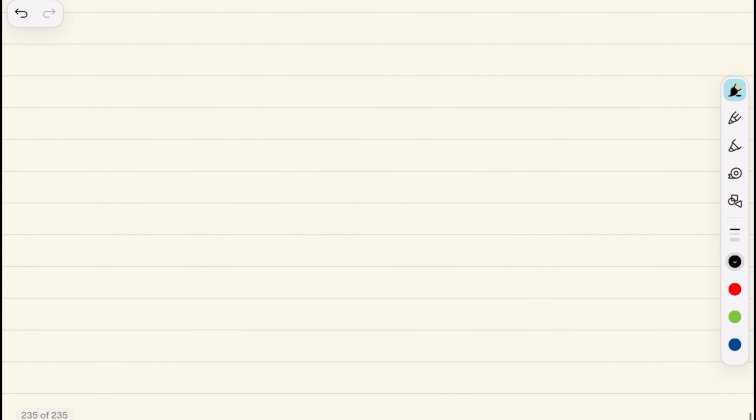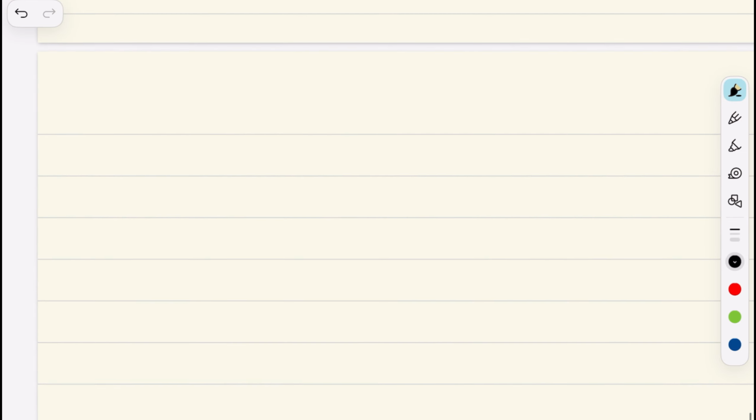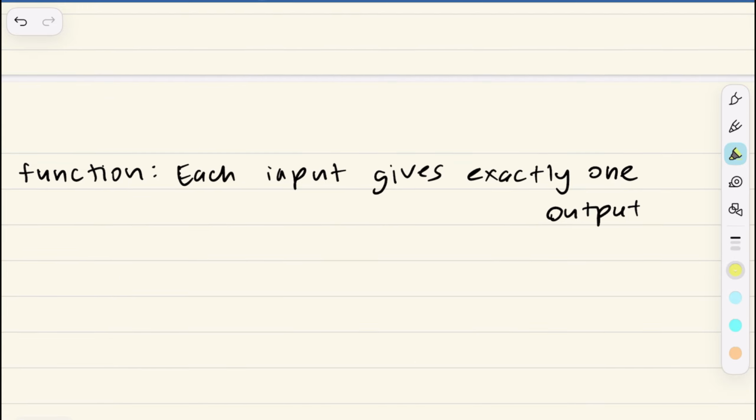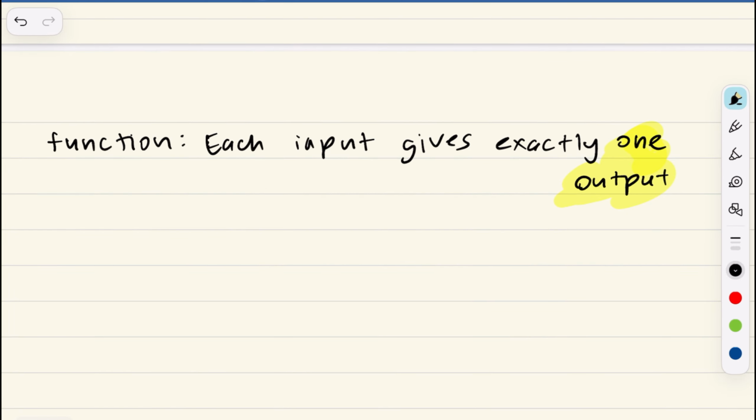Now that we understand the basic kinds of mappings, we can define a function. Simply put, a function is a special kind of mapping where each input gives exactly one output. The most important part here is the one output. This is the most important thing you have to remember when talking about functions.